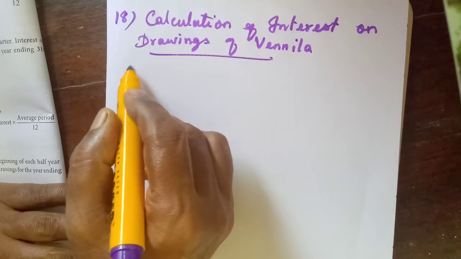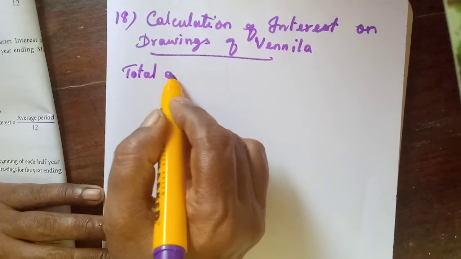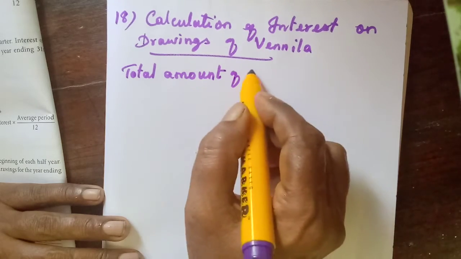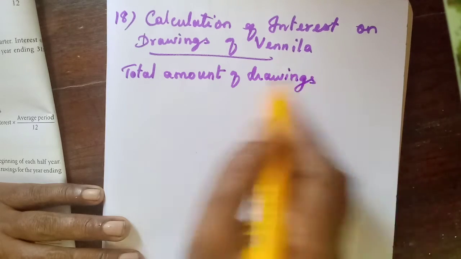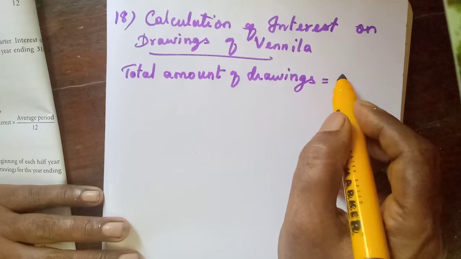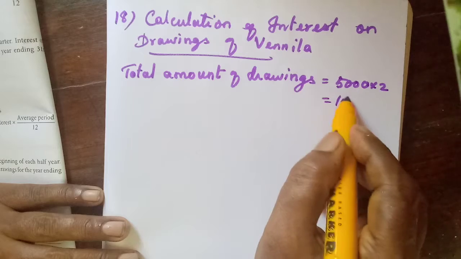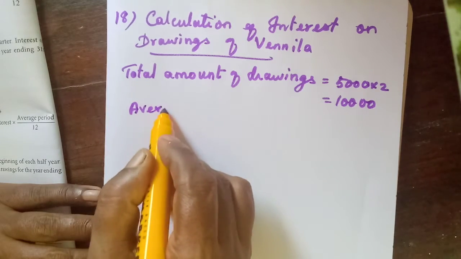Okay, now total amount of drawings equal to 5,000 into 2, 10,000. Then average period.